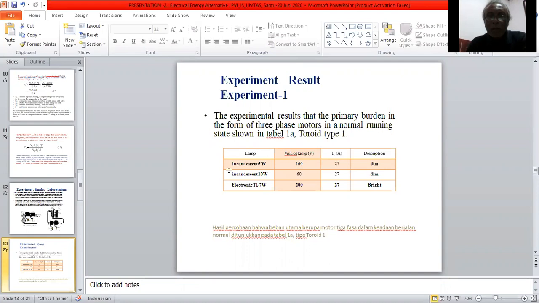In the table, we can see incandescent lamp 5 watt. The voltage occurred in the lamp is 160 volt. Description: dim.